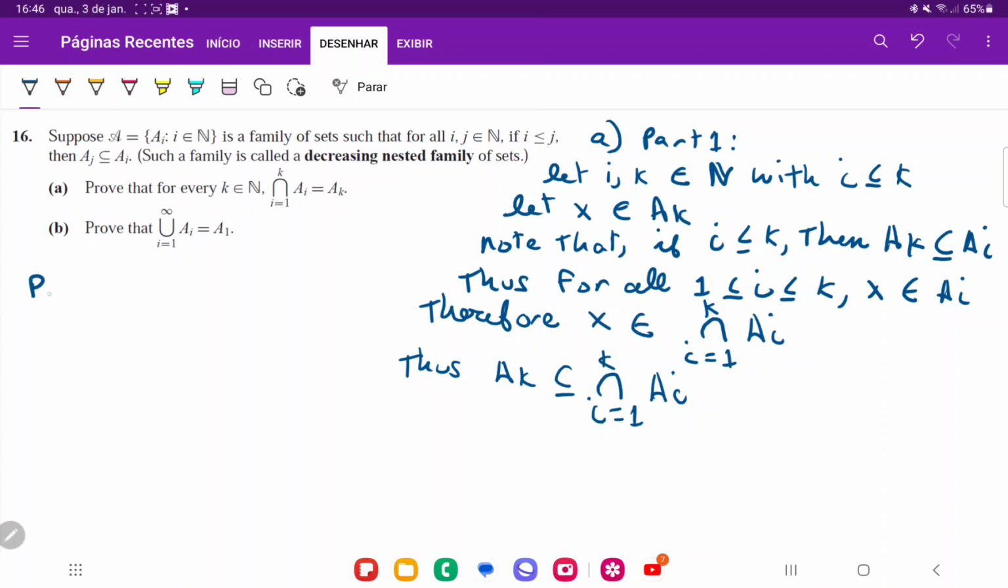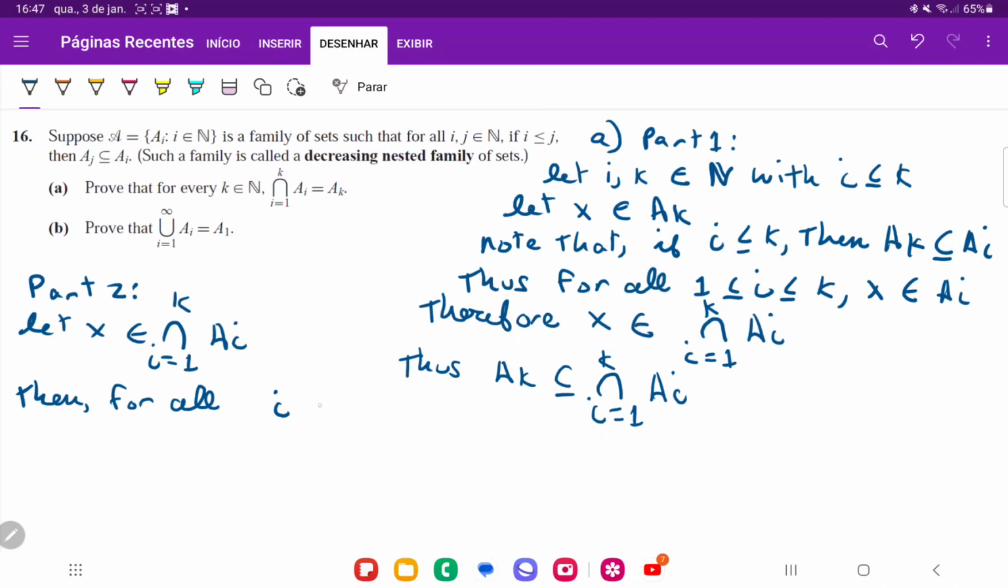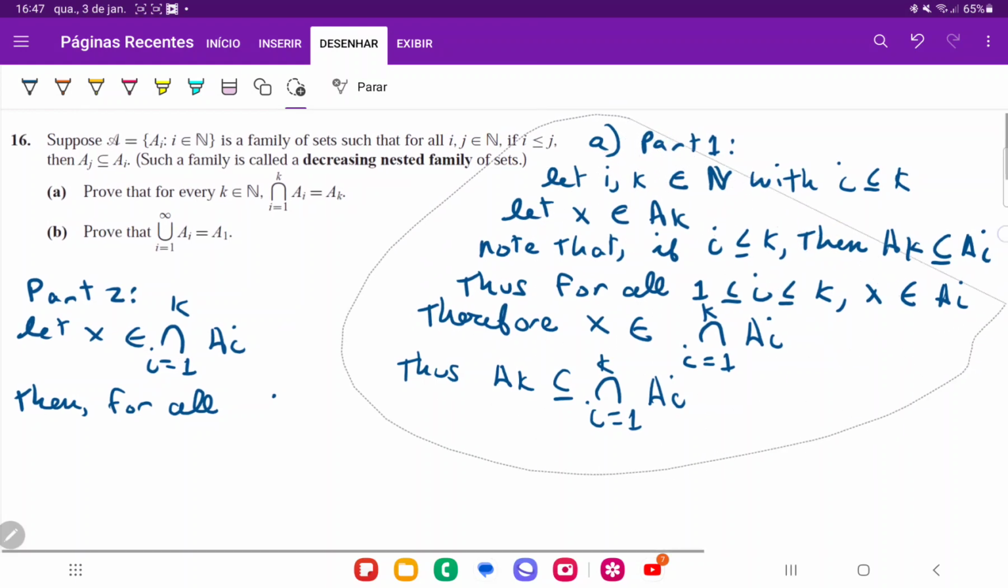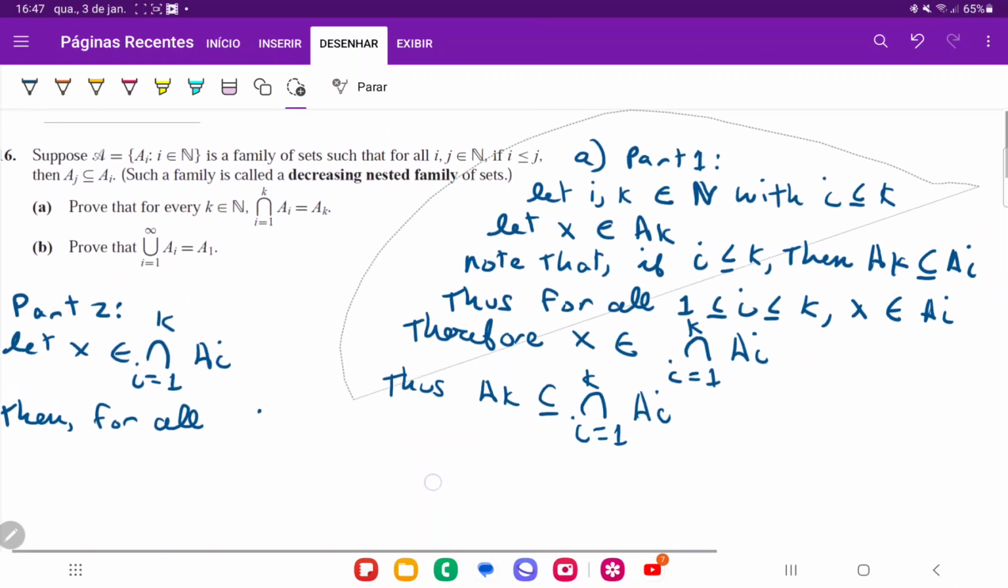So for part 2, we're going to say let x belong to the intersection from i equals 1 all the way out to k of a sub i. If x belongs to the intersection, what does it mean? Let me move this slightly over to the side so that it doesn't interfere.